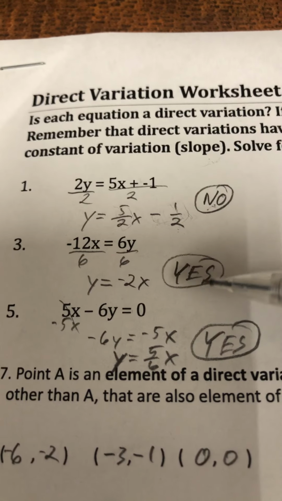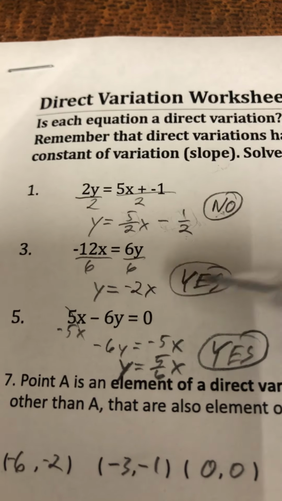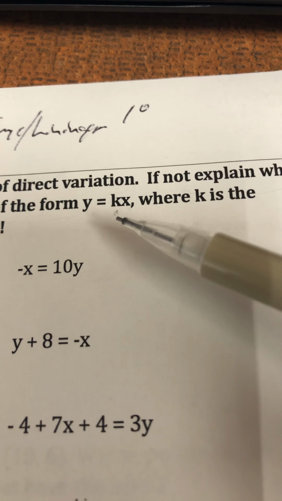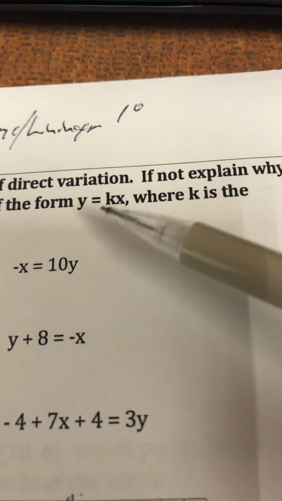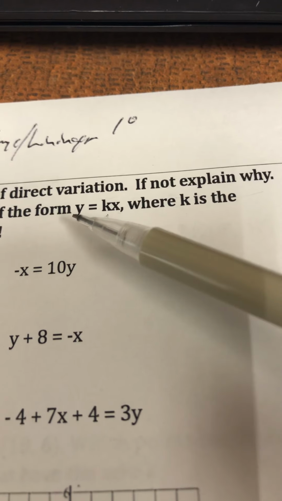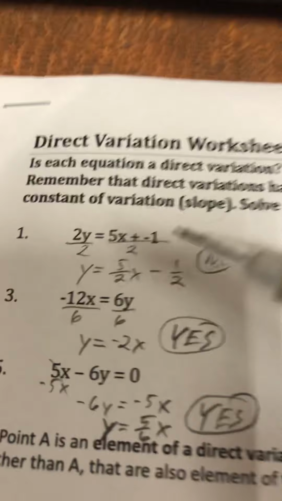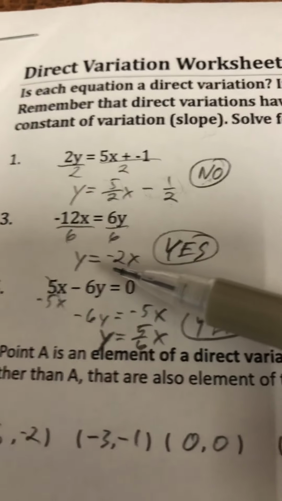Here we have an example of one that is a direct variation, because when solving for y, I end up dividing by 6. I moved the y over here and the x over here just so it looks more like the directions. The y could be on the right and the kx could be on the left. That's fine. It's still the same thing, but I want it to look like the directions if you're just getting into this.